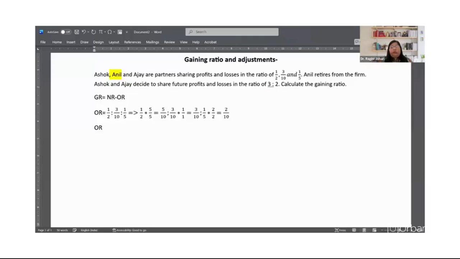Thus, my old ratio is 5 is to 3 is to 2. Now, I need to calculate the new ratio as well.